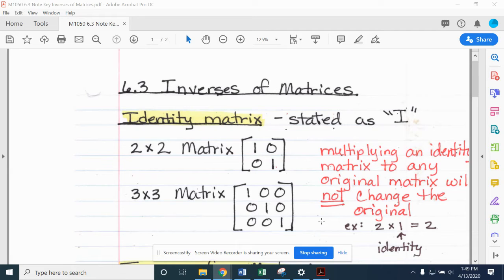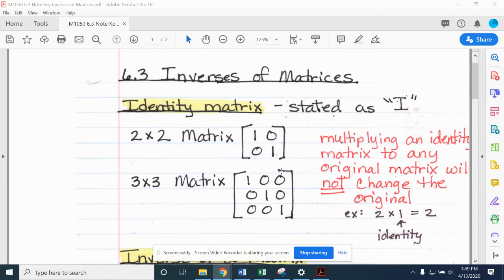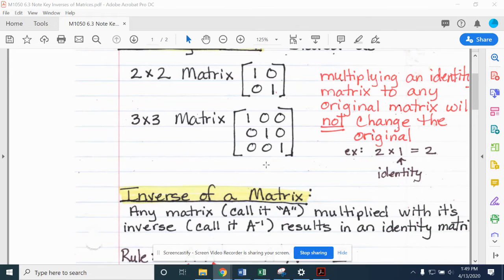So when you're multiplying an identity matrix to any original matrix of whatever type it is, that original matrix never changes. Just like saying 2 times 1 is 2, 5 times 1 is 5, the original number does not change from its original.